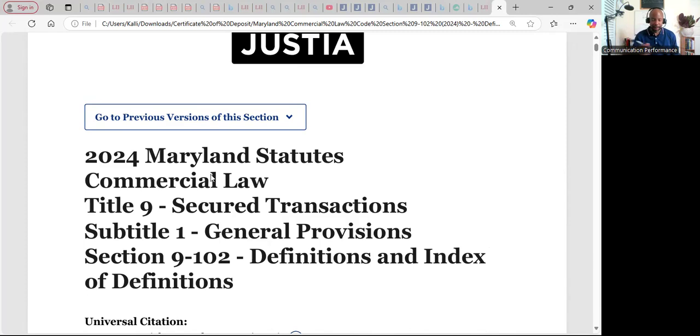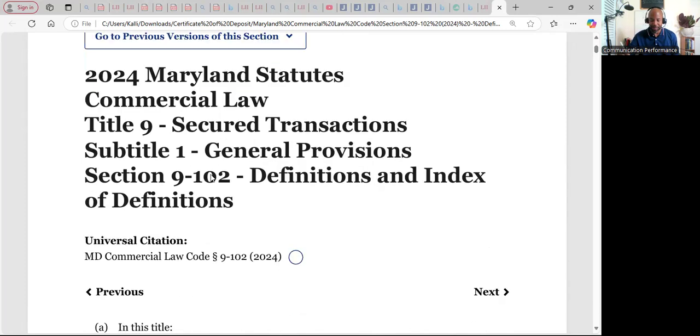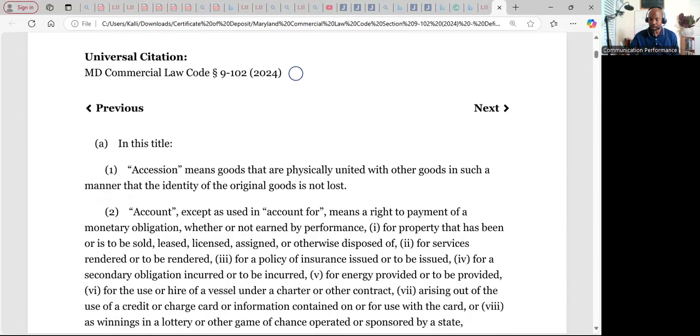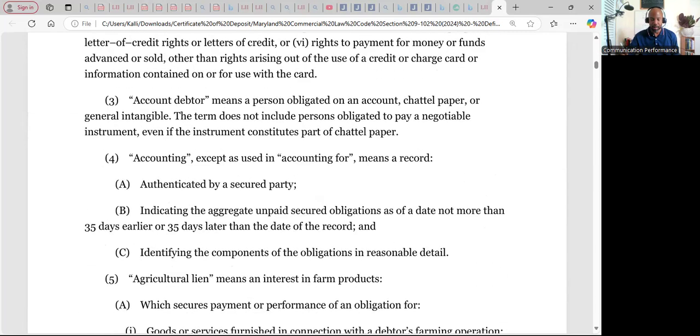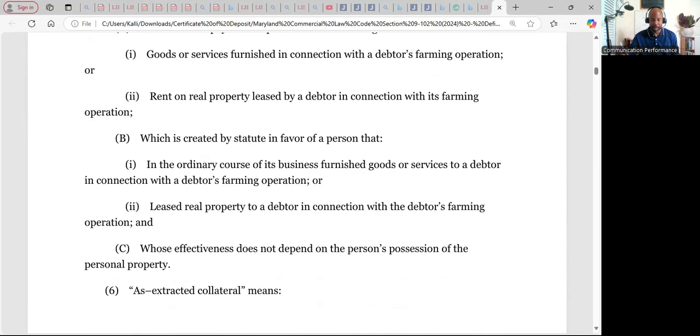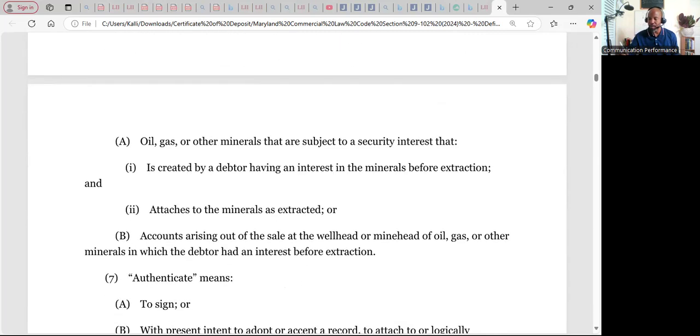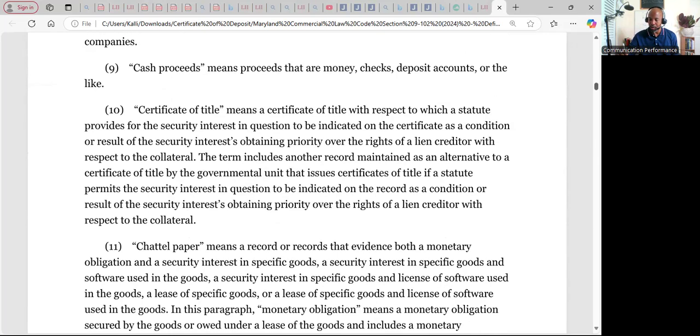So it may be a section above or lower, but they have similar numbers. So you shouldn't have any problems finding this particular section in your state's uniform commercial code or commercial law.